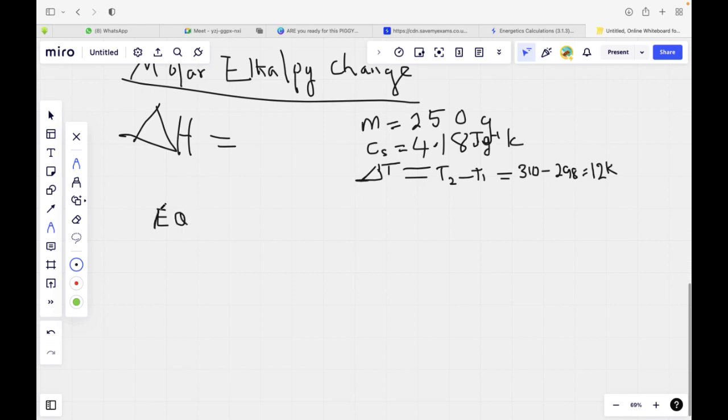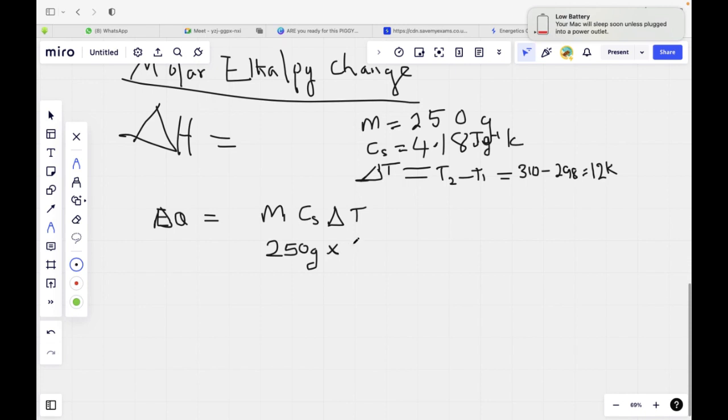So delta Q or delta E is equal to m c delta T. So you put the mass, 250 gram, multiplied by the specific heat capacity, which is 4.18 joule per gram per Kelvin, times the change in temperature, which is 12 Kelvin.